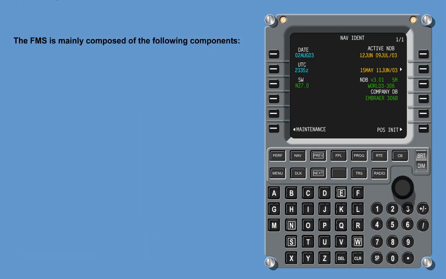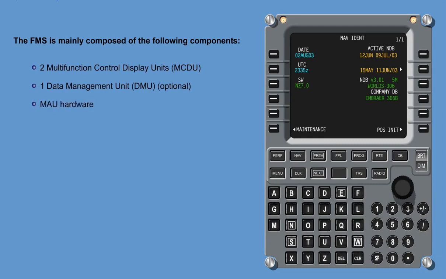The FMS is mainly composed of the following components: 2 multifunction control display units, 1 data management unit (optional), MAU hardware, 2 processor modules with FMS software, and 1 database module.